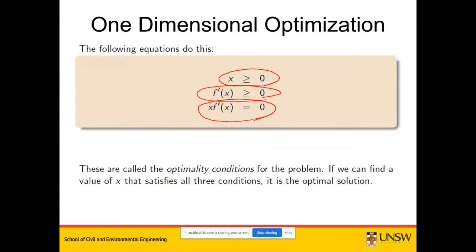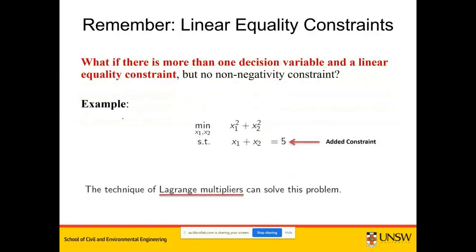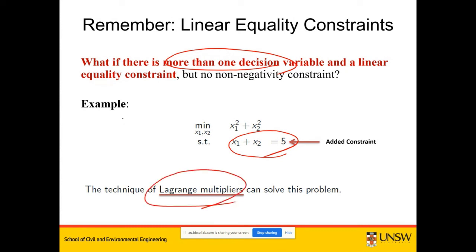If we keep going, we asked, how about we have more than one decision variable, for example two decision variables, and also a linear equality constraint? From last week, we introduced a technique called the Lagrange multiplier, where we bring this added constraint into the objective function and create a Lagrange function.